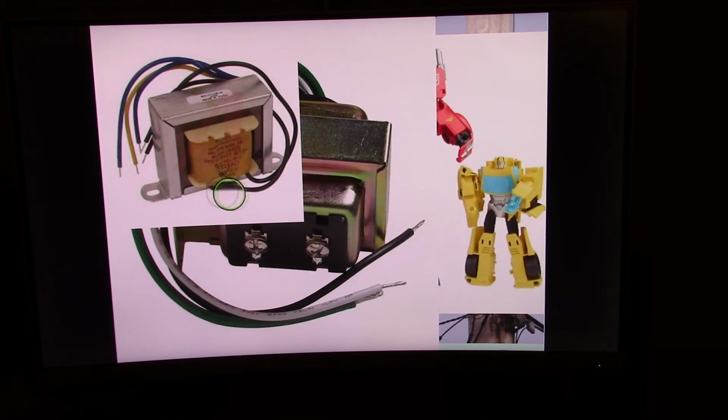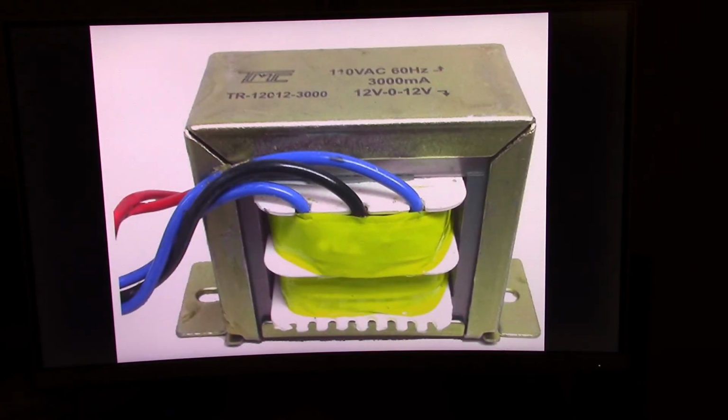So it will say the input voltage is something and the output voltage is something. So here we have a transformer which has 110 volts input, and it has 12 volts, 0 volts, 12 volts. So this 12 volts, 0, 12 is this part right here.